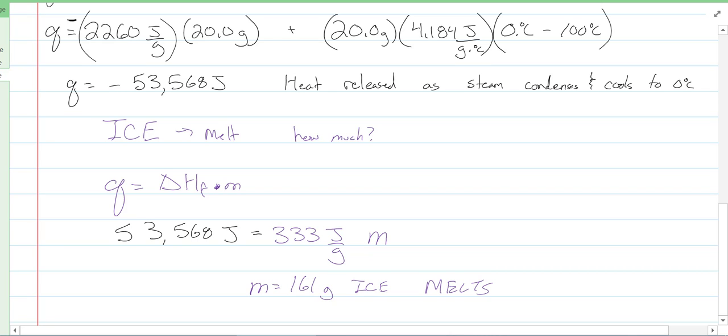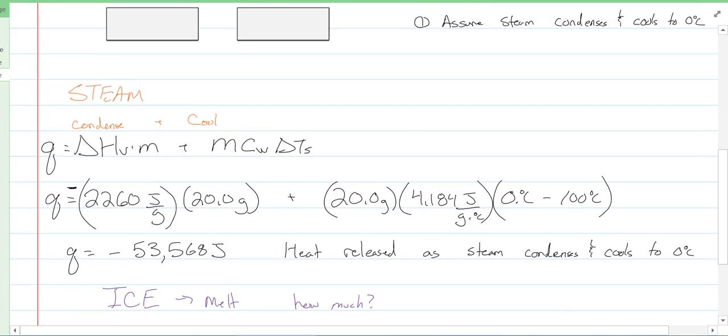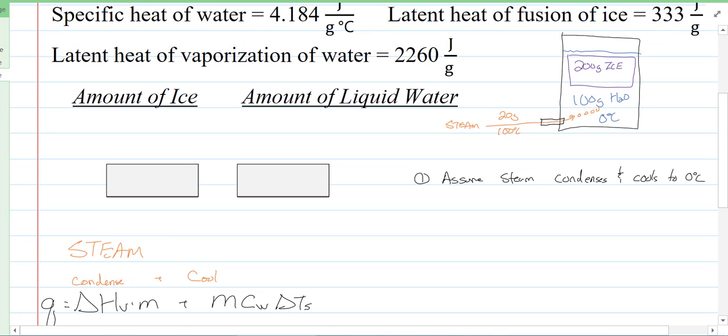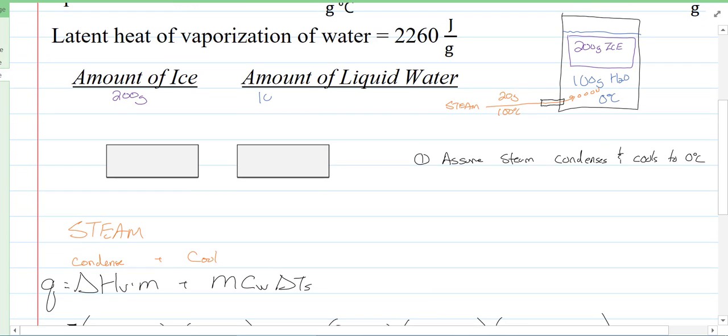That's how much melts. What do we start with? 200. So does all the ice melt? No, it does not. So the amount of ice, I start with 200 grams of ice. Water, I start with 100 grams. And 20 grams of steam is added.